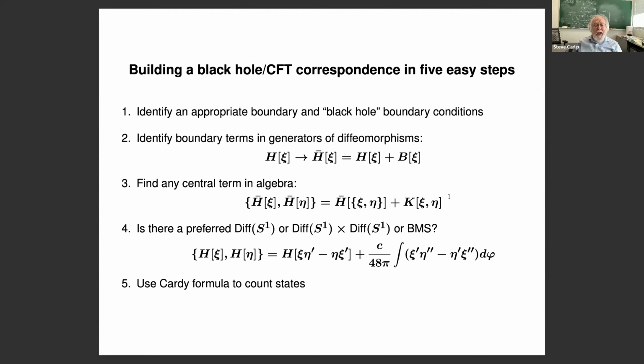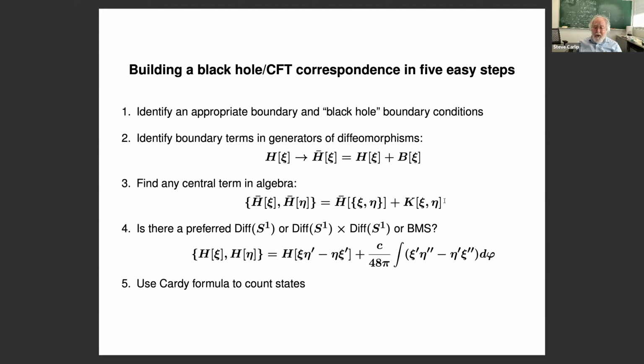You can now go back and ask if there's a preferred subgroup that's diffeomorphism of a single circle or of two circles, which would give you a Virasoro algebra, or a preferred BMS3 subgroup. Restrict to that subgroup and read off the central term.